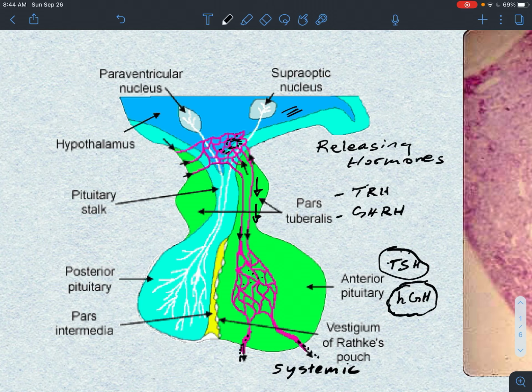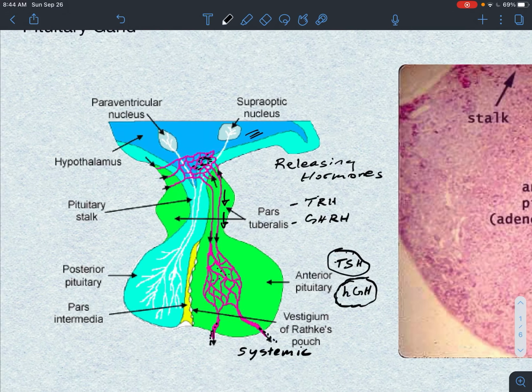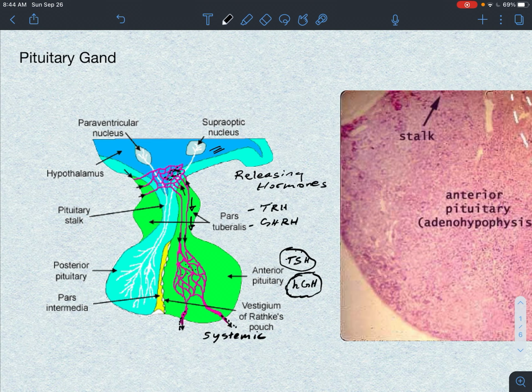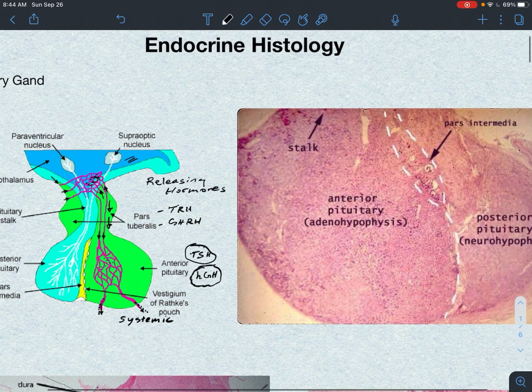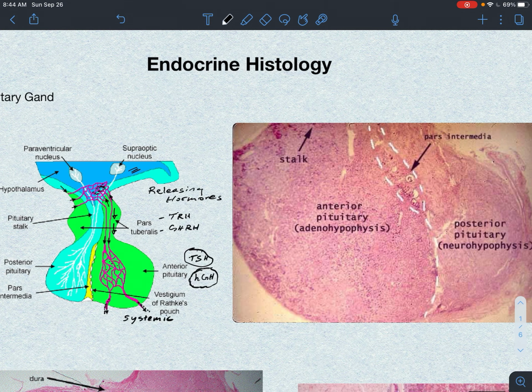And that gives you a sense also of the histology behind it, because if we look over here on the right as we zoom out, you've got the histology of the pituitary. And the only difference here is that in the histological slide, I've got the anterior pituitary on the left of the picture and the posterior on the right of the picture.